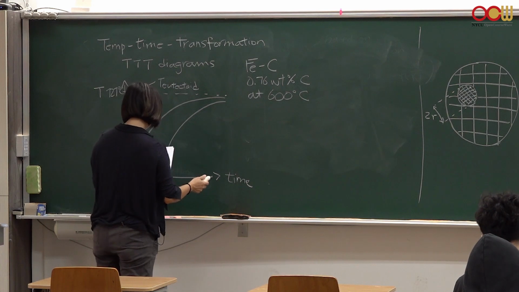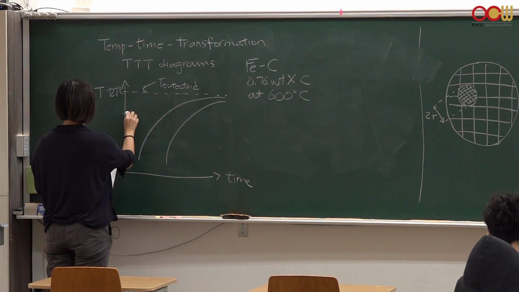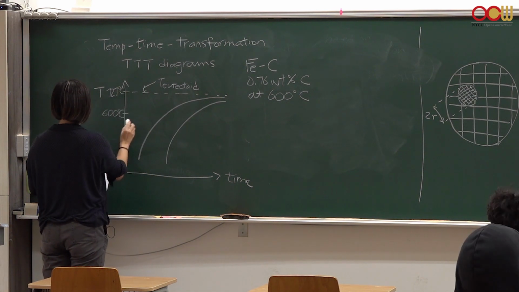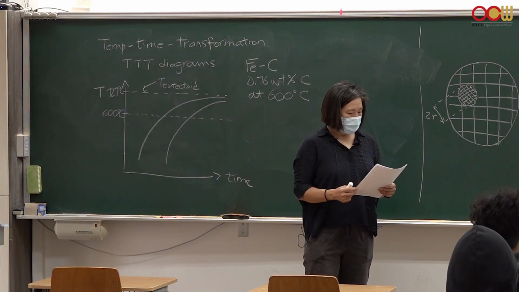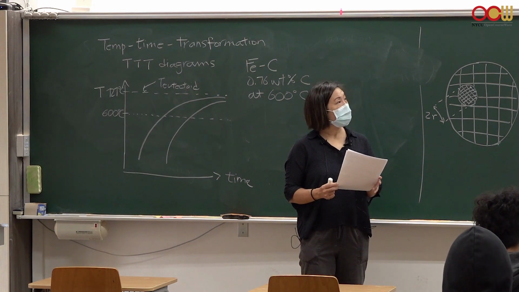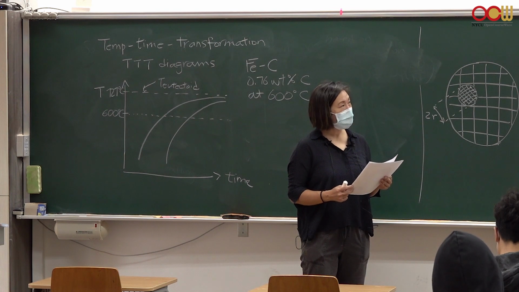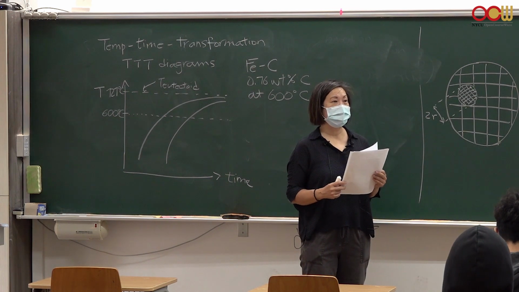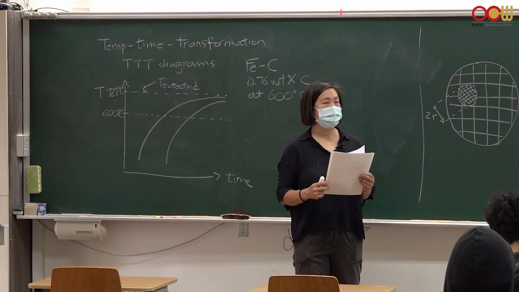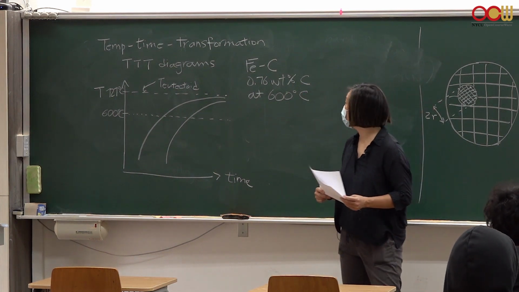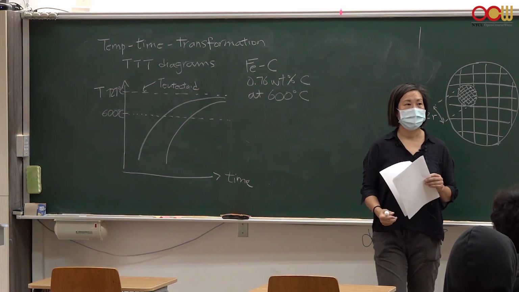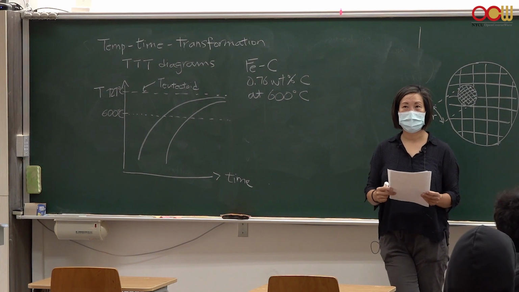And I want to know what happens at 600 degrees C. So for the region above the eutectoid, what phase do we have? Above 727 degrees Celsius at 0.76 weight percent carbon, what phase do we have?